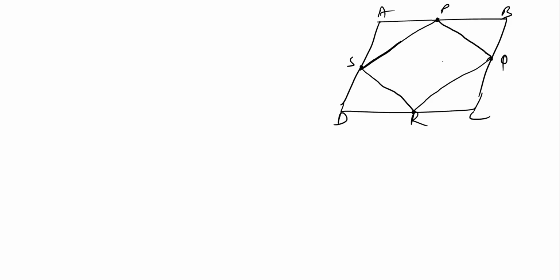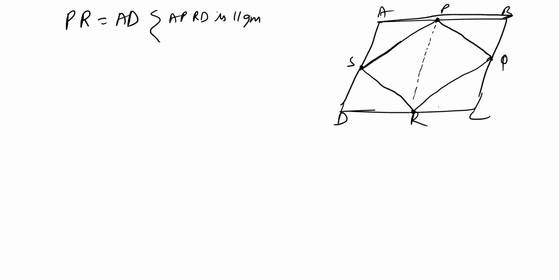So we have proved PQRS is a parallelogram. Now we need to prove that PQRS is a rectangle. How can you prove it? You can prove that PR is equal to AD. Why? Because APRD is also a parallelogram. Why? Because this side as a whole is equal to this side, so half of this side will also equal half of this side.